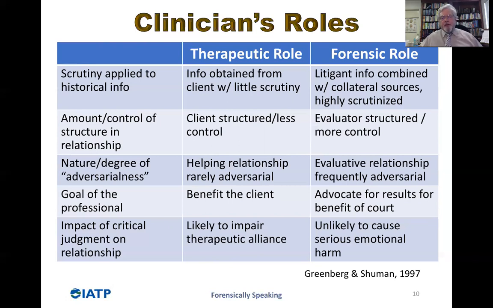The nature and degree of adversarialness: obviously in a therapeutic setting, it's very rarely adversarial unless the specter of raising that conflict has a therapeutic purpose. While in a forensic setting, it's frequently adversarial.